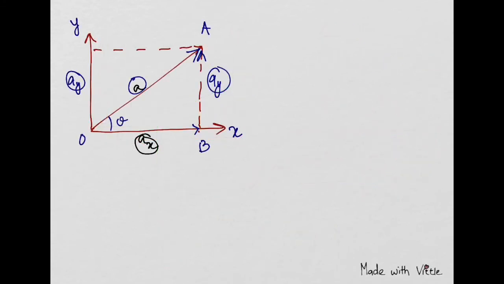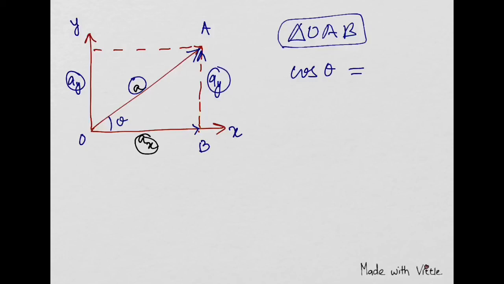Now let's consider triangle OAB. In this triangle, what is the value of cos theta? Cos theta is adjacent over hypotenuse. Adjacent is AX over A. So from here AX comes out to be A cos theta.